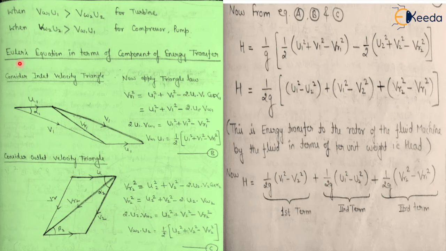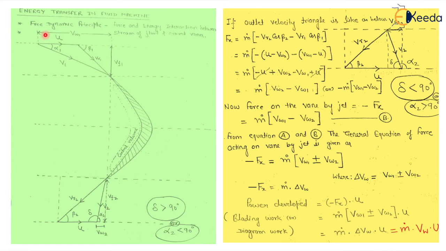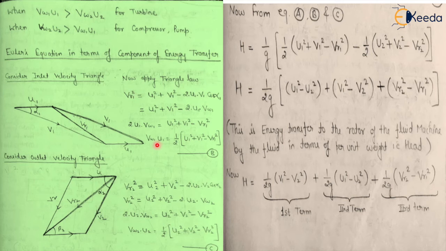Now let's see the Euler equation in terms of components of energy transfer. Considering the inlet velocity triangle and outlet velocity triangle, I'll use this inlet velocity triangle and this outlet velocity triangle to calculate the values of Vw1 U1 and Vw2 U2.